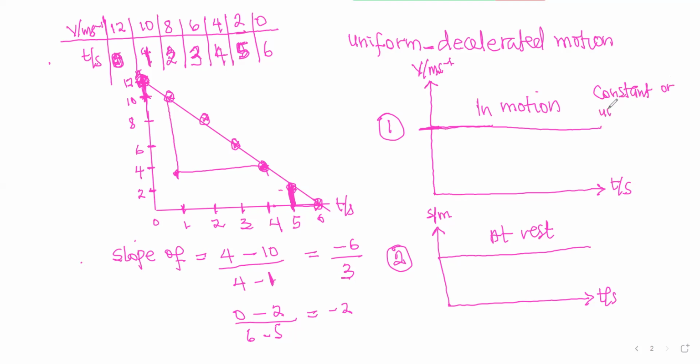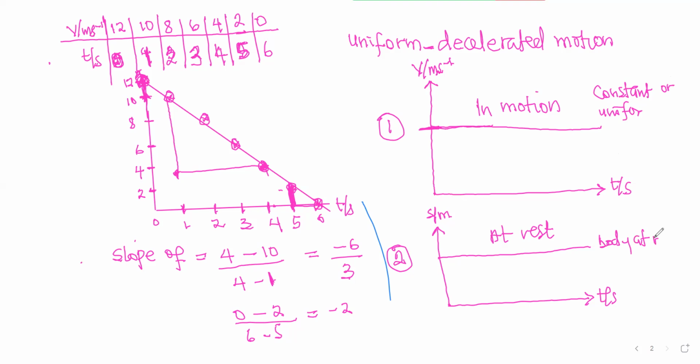Then in the second one, the slope is 0, and it's a displacement time graph. In a displacement time graph, if the slope is 0, then it means body is at rest, or stationary.